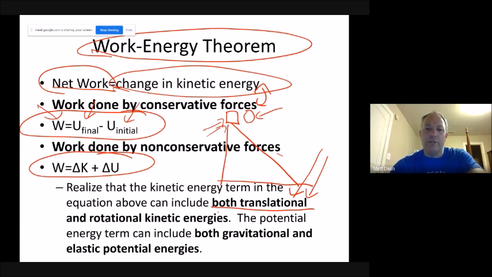With this rolling object, two things happen as it's rolling. One, some of the potential energy is converted to translational, linear kinetic energy. But some of it is also used to cause that wheel to spin, and it gets built up in terms of rotational kinetic energy. So this thing is spinning and moving translationally. Therefore, at least linearly, it's moving slower than the box.